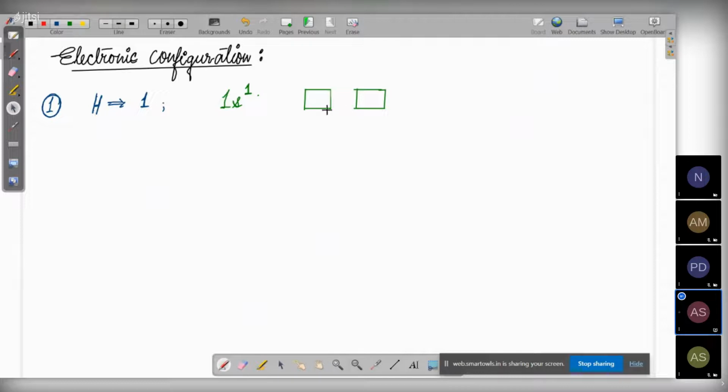you can write this 1 electron either in this way, or you can write it in this way also. That is totally up to you, whether you put the arrow upside or downside. Either representation is completely correct. So this is the 1s orbital.